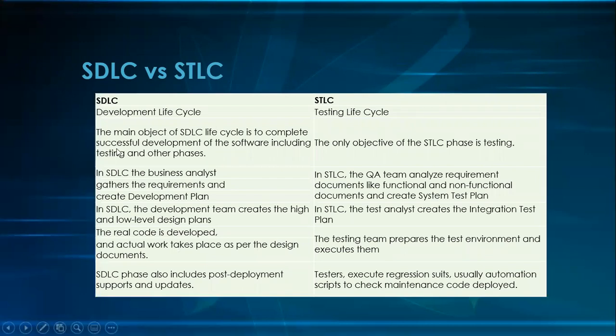For SDLC, the major objective of the lifecycle is to complete successful development of the software, including testing and other phases. While for STLC, the only objective is testing. I've iterated quite a lot about it.